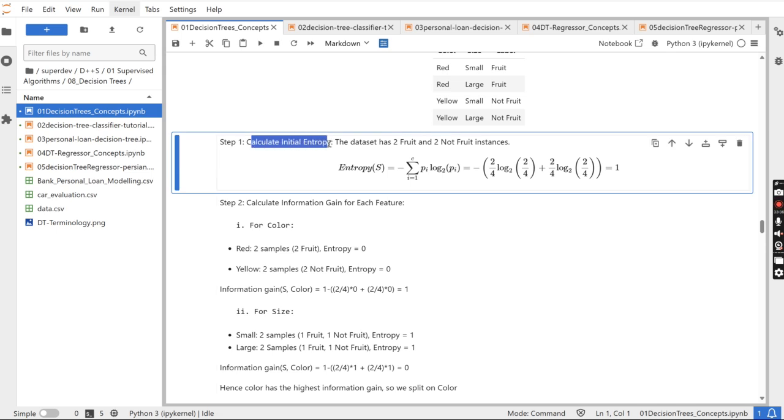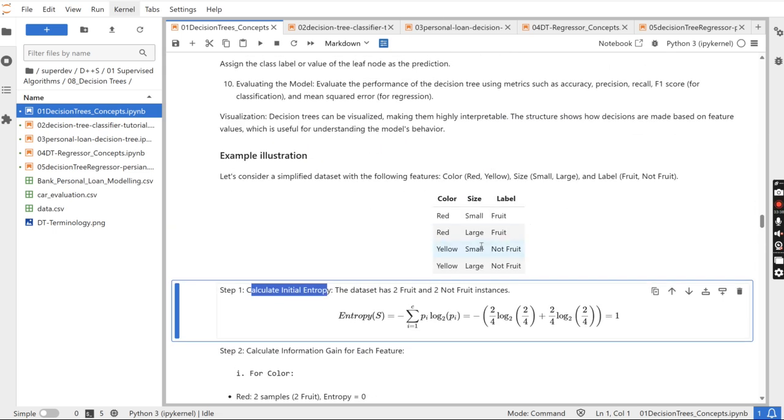It will calculate the initial entropy on the whole data set. What is entropy? Entropy is based on the probability of each particular value among all the values. You have 2 fruits and 2 non-fruits.